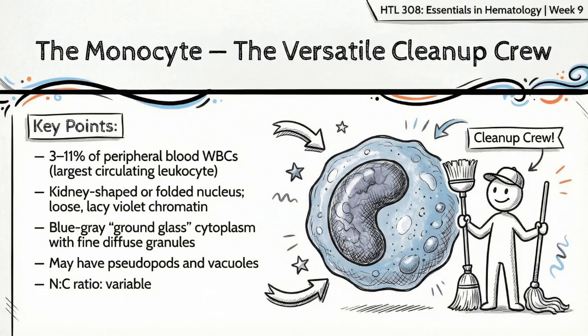Monocytosis, an elevated monocyte count, is associated with a wide range of conditions including chronic infections like tuberculosis, autoimmune diseases, and recovery from myelosuppression. Therefore, an increased monocyte count can serve as a valuable diagnostic clue, prompting further investigation into these underlying conditions.